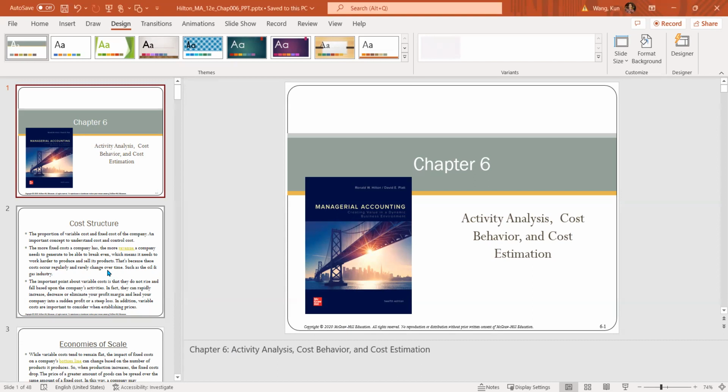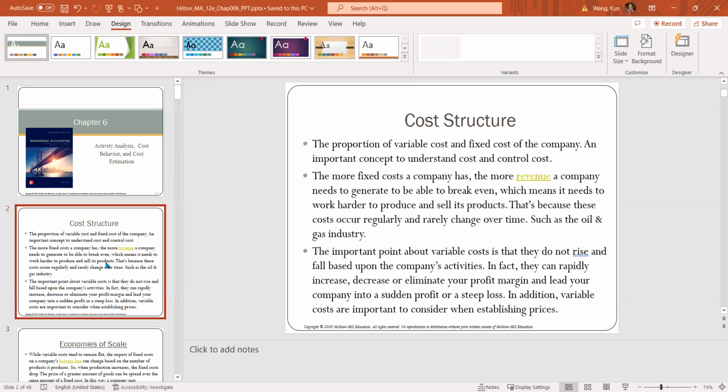And the reason why we want to analyze the cost from the variable and fixed perspective is that the variable portion and the fixed portion of the cost determine a company's cost structure. Be careful.